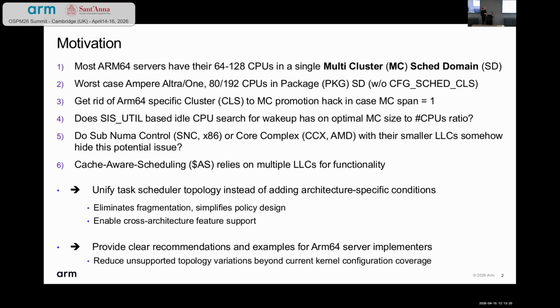But in early days we also had some really bad outliers, for instance in terms of scheduler topology. Ampere Ultra, Ampere 1, you have up to 192 CPUs. When those first test results came out based on those machines, we asked, how does your scheduler topology look like?